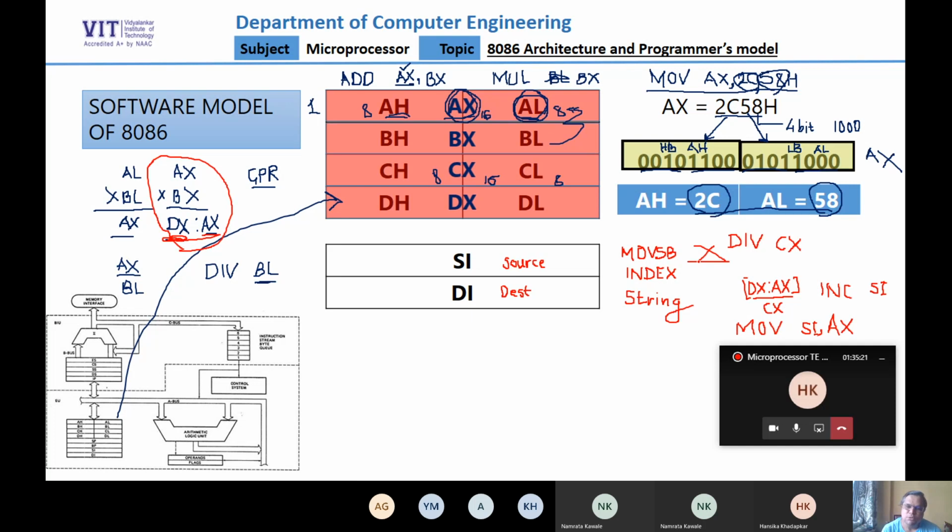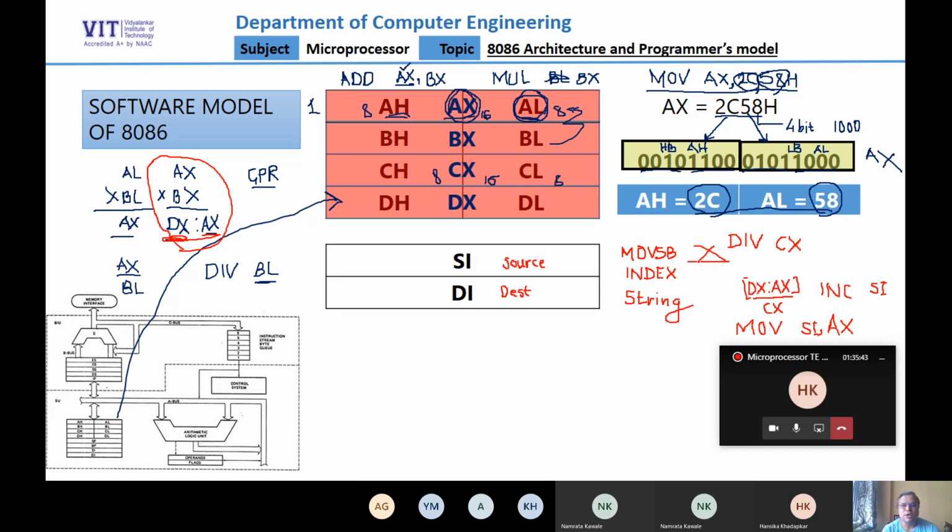So how will the 8086 processor know which is the source byte and which is the destination byte? By default, the byte pointed to by SI will be considered the source byte, and the byte pointed to by DI will be considered the destination byte, and it will perform the transfer. So you need not specify them in the instruction.